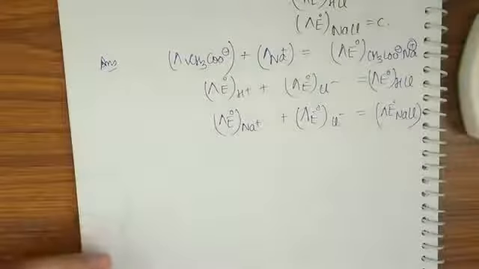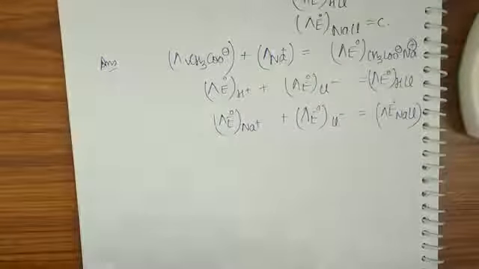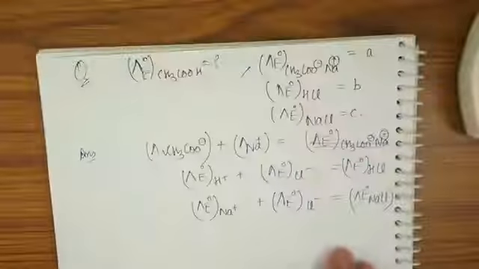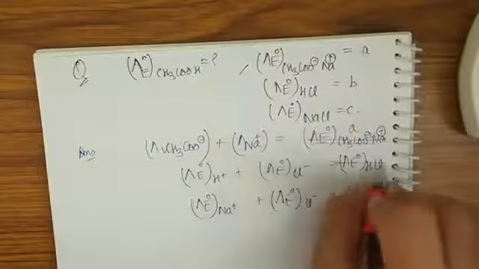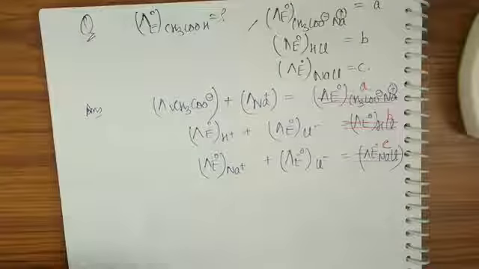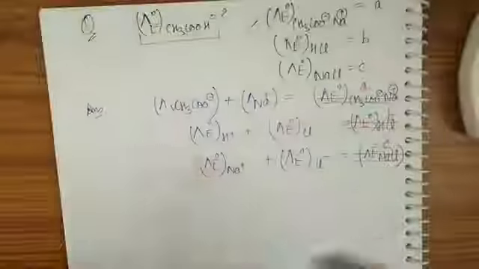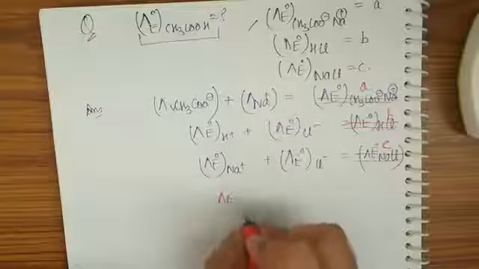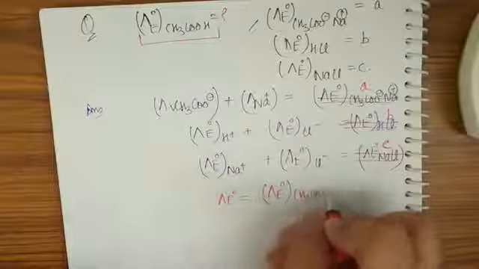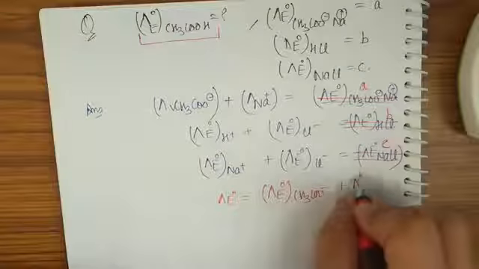Now let me replace these values. This value is given to be A, this value is given to be B, and this value is given to be C. Now I want to derive this thing: the question asked is lambda E naught of CH3COO⁻ plus lambda E naught of H⁺.